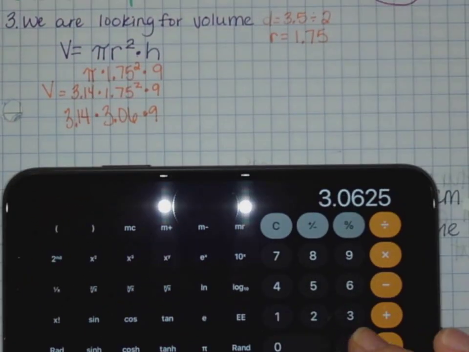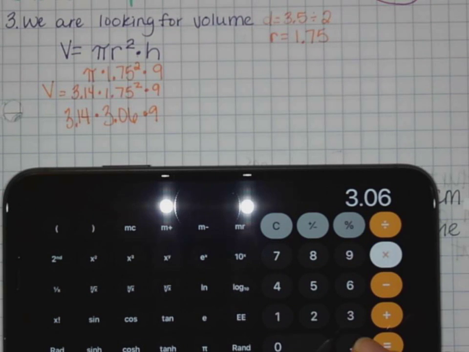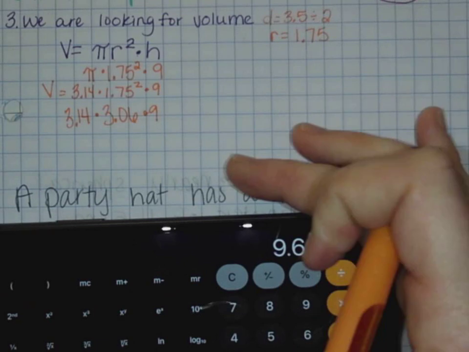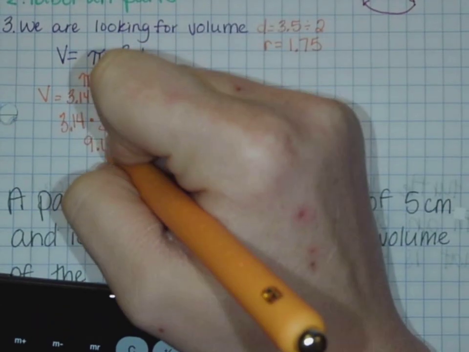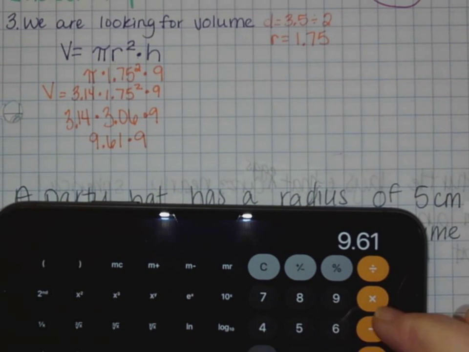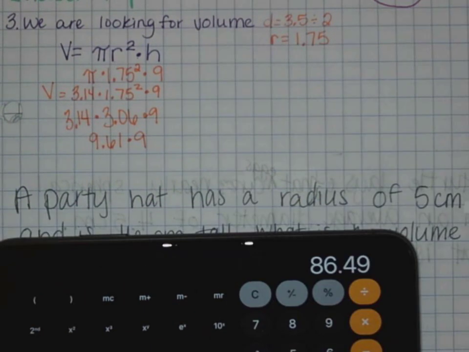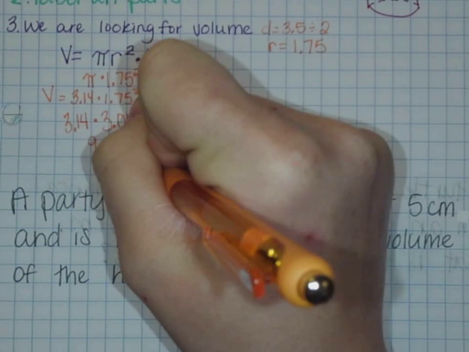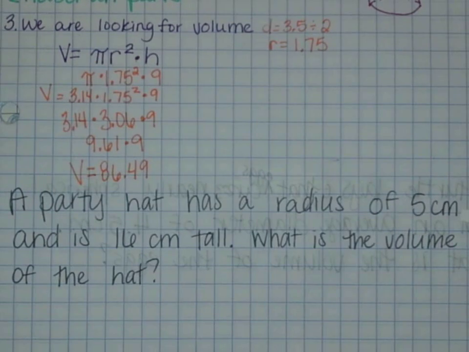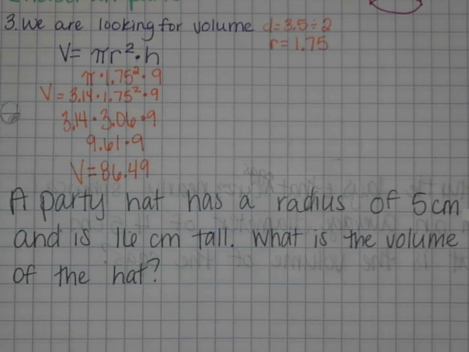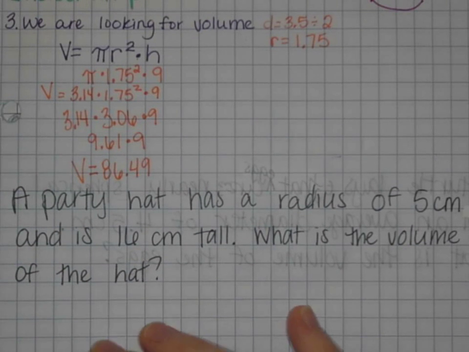So I'm going to take that answer, 3.06 times 3.14, so 9.61 times 9, which is 86.49. So the volume of that can is 86.49. Okay.